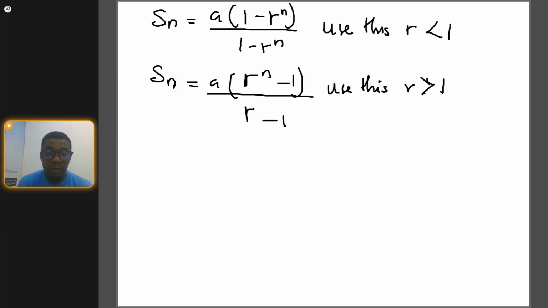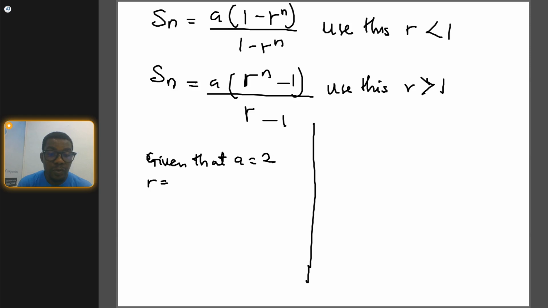Now let's take one more question on the sum of a GP. Given that a equals 2, r equals 2, find x5.